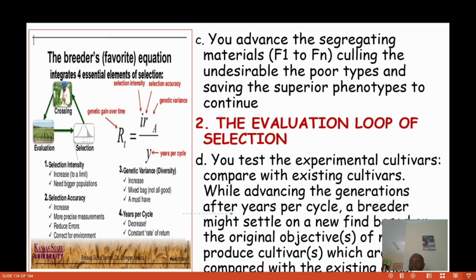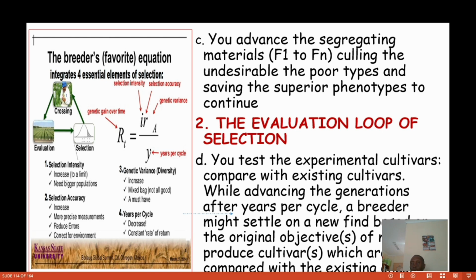And you let them actually self, all right? You can effect the selfing, but you can also let them self by making the pollen available among them. And then, of course, you get to the F2.